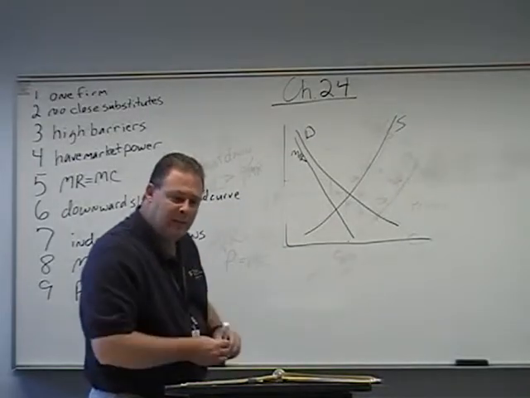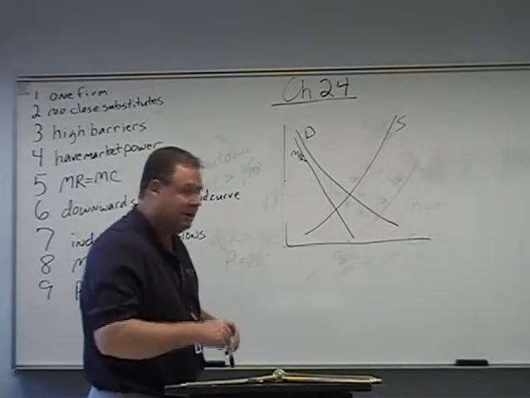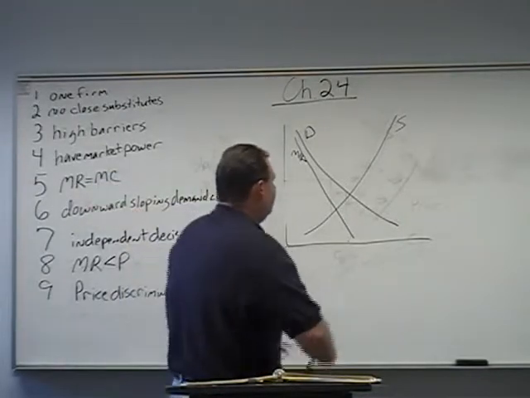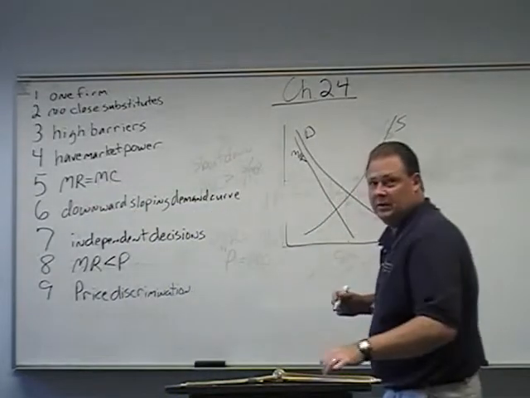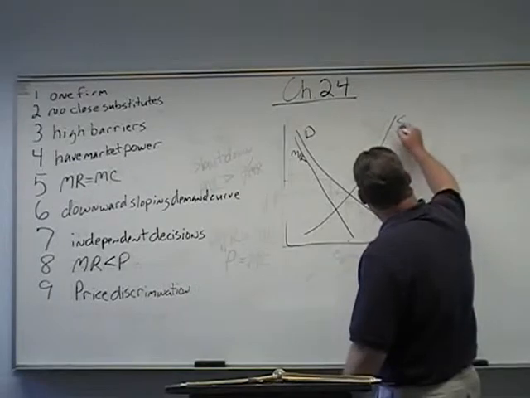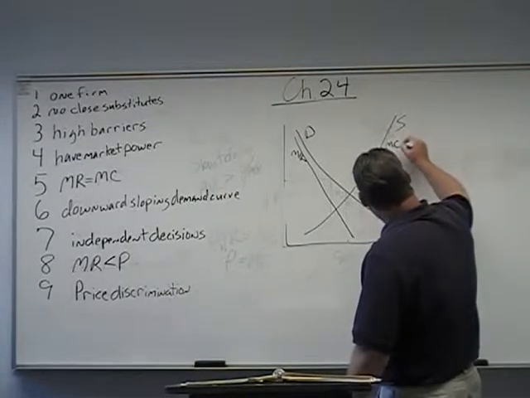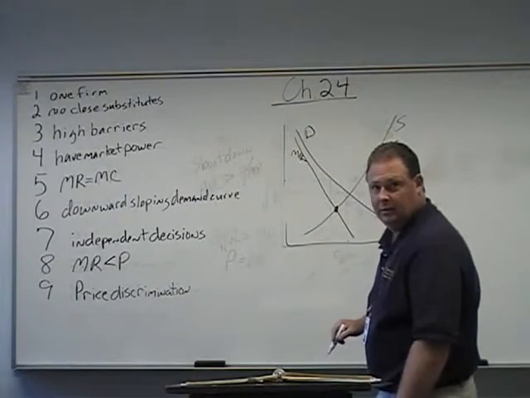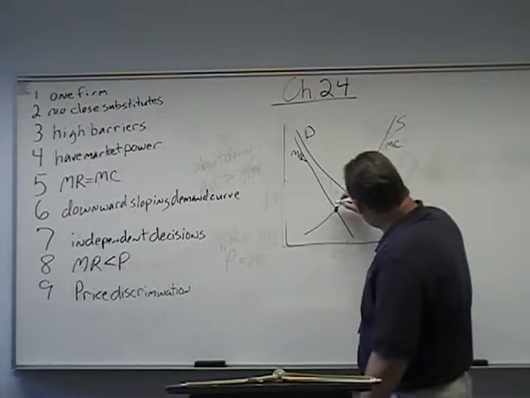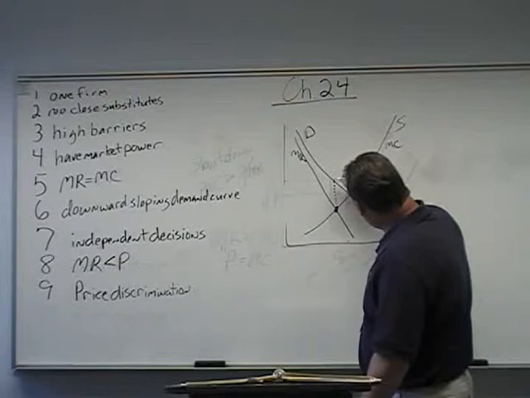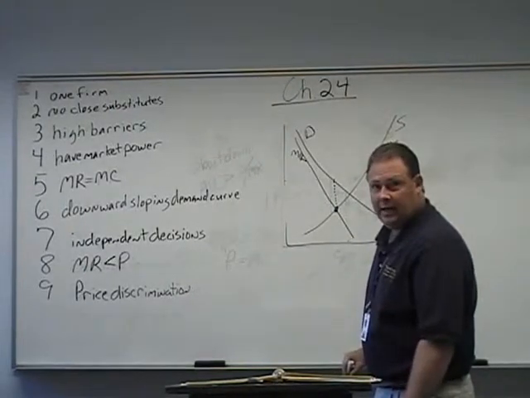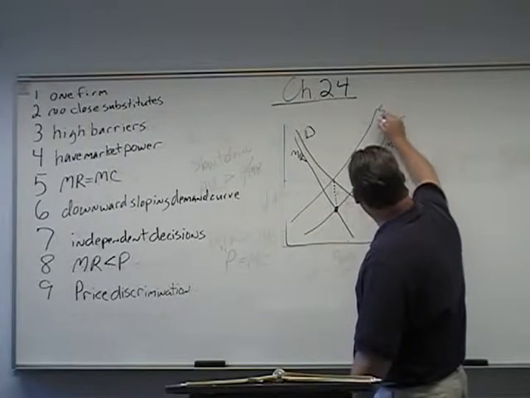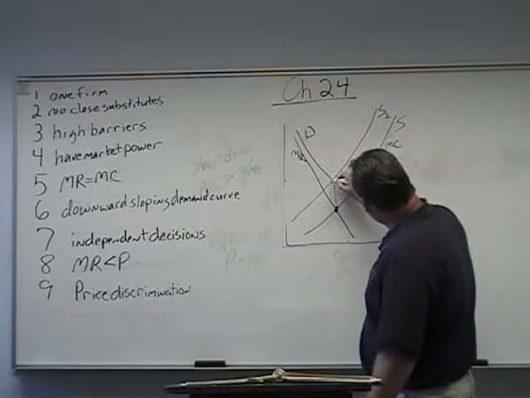Now what's the profit maximizing rule of monopoly? Again, it's where MR equals MC. We saw in the last chapter that the supply curve will represent the marginal cost curve. They intersect here. So what you will see is the monopoly will follow that up to where that point is, and they will set supply at this point.